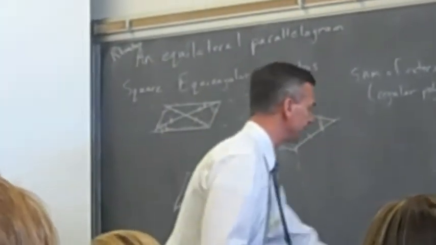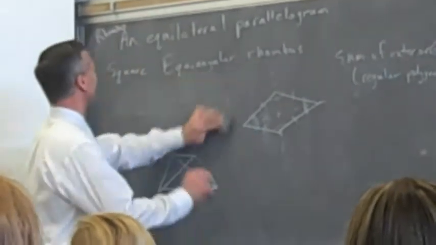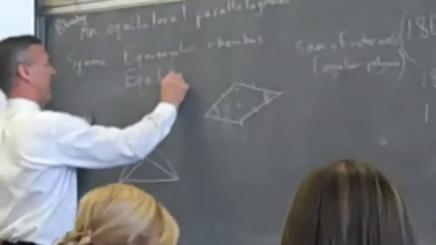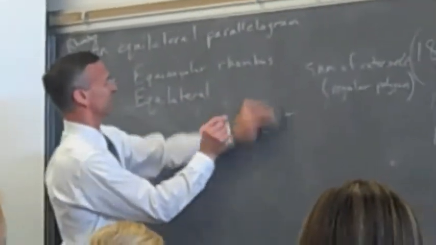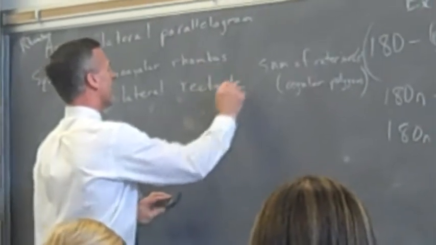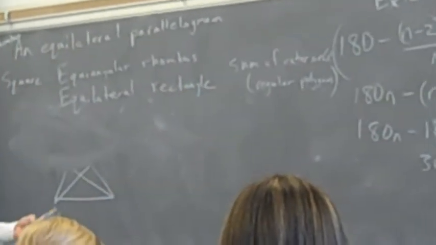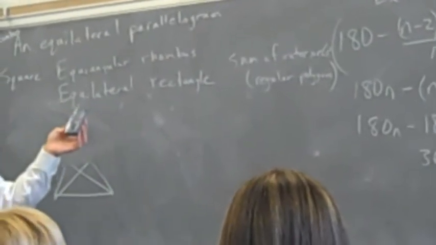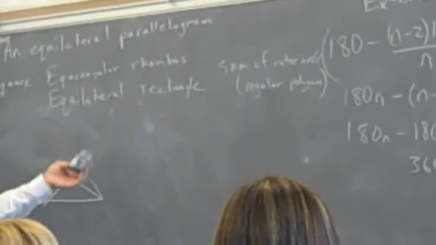Let's check it out. Can you draw a rectangle that's equilateral that isn't a square?